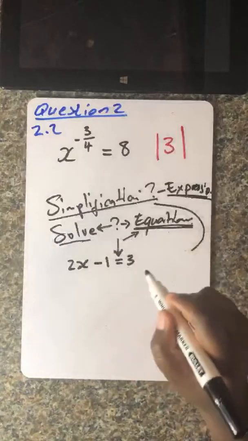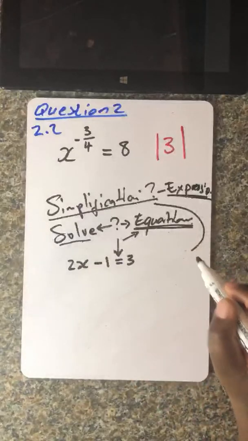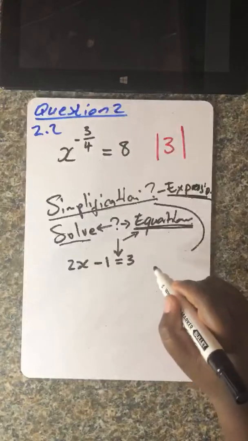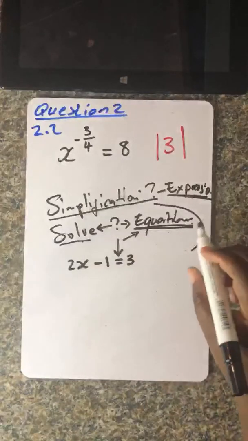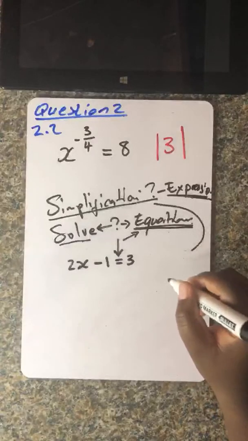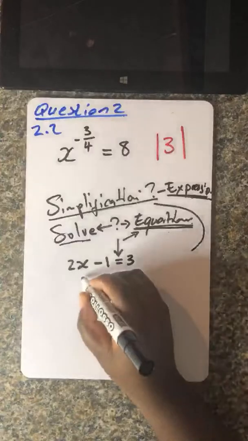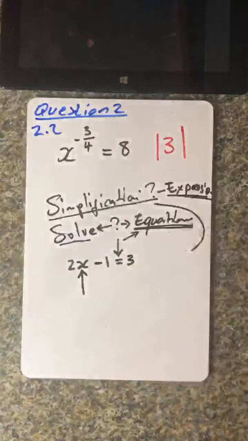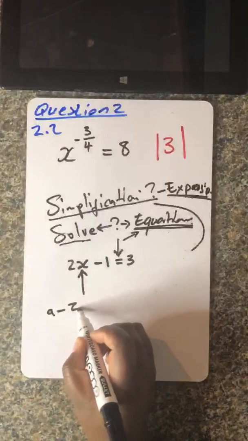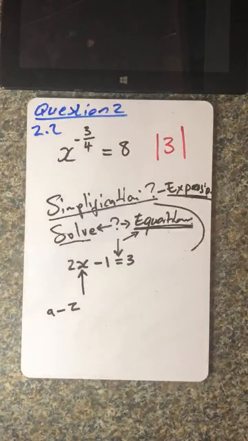You should ask yourself, what am I solving? You solve for the unknown. What is the unknown? In most cases, almost all the time, an unknown is represented by a letter. Any letter from A up to Z represents an unknown.